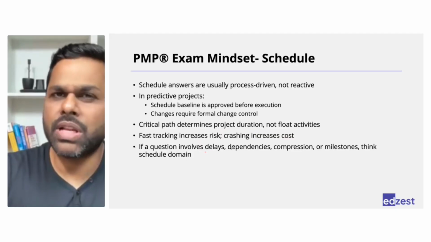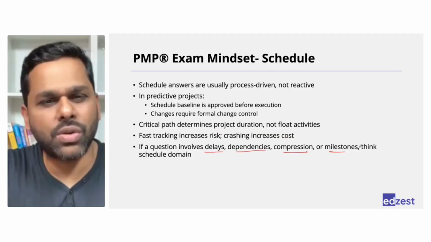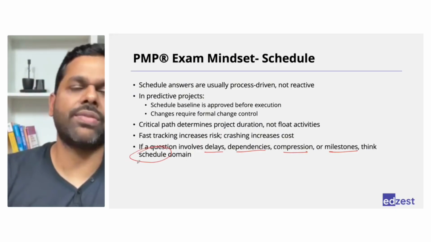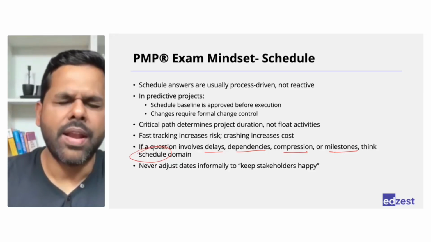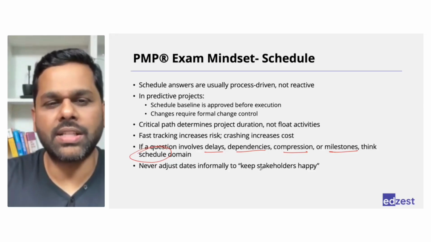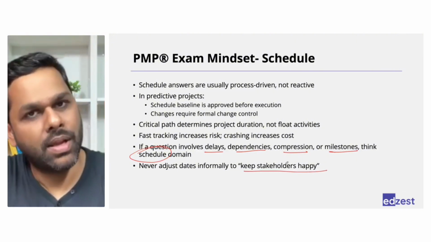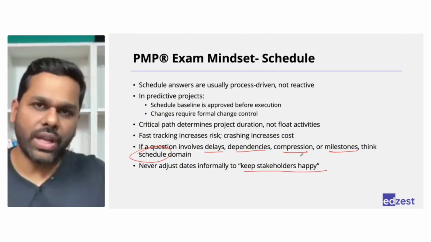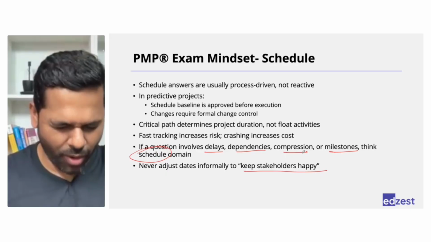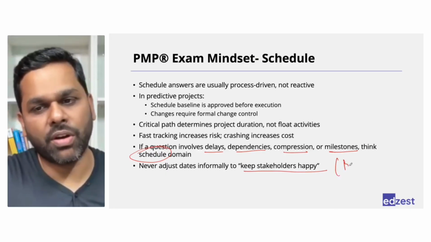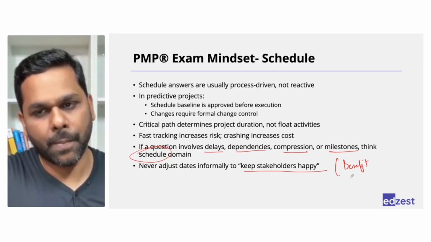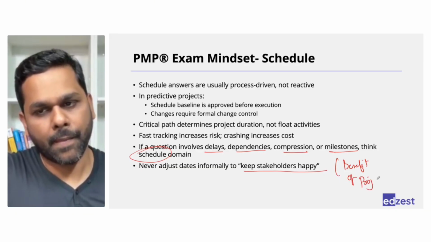Then if the question is talking about delay, dependency, compression, milestones, know that it is a question of schedule and answer accordingly. Also, never ever adjust the dates to keep stakeholders happy. Whatever decision that you take in the exam, whatever option that you select in the exam, it should always be for the benefit of project.